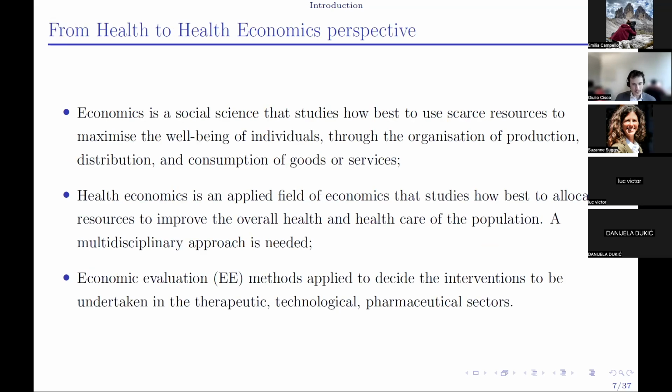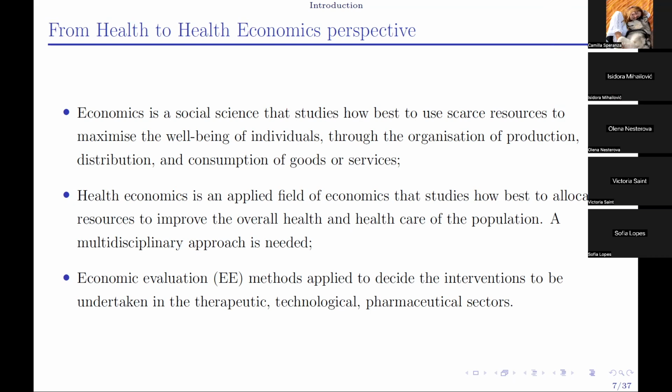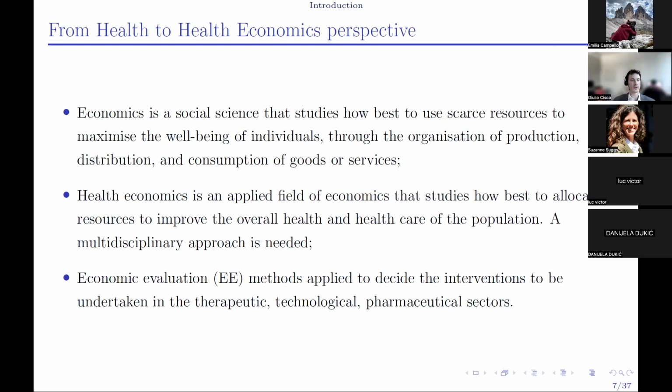So, as I said, I will now introduce a bit of health economics and economic evaluation from this perspective. It's important to underline that economics is not only about money, but especially about the use of scarce resources. And this is very important because it's not about cost savings.